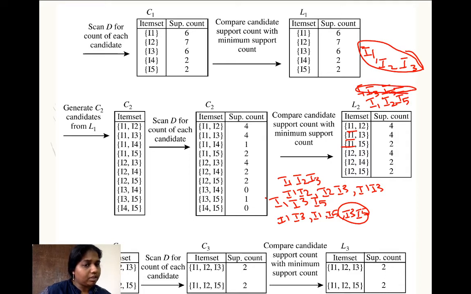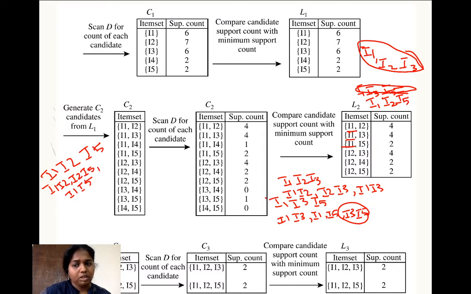So I have another combination which is I1, I2, I5. What are its subsets? I1, I2, I2, I5, I1, I5.